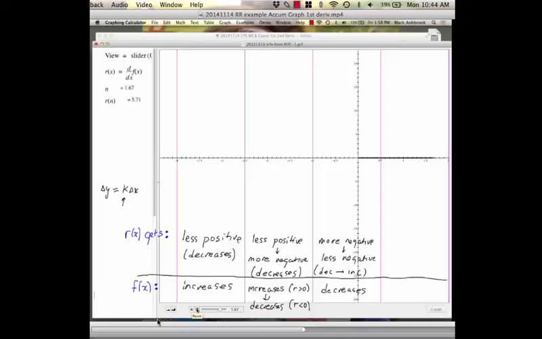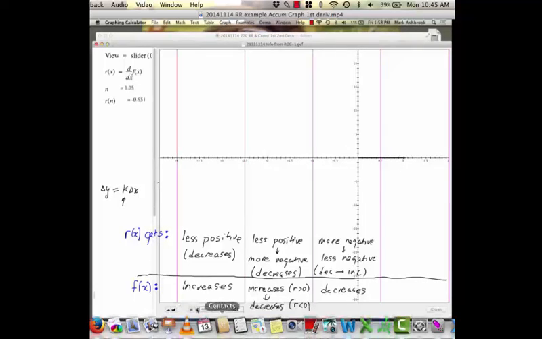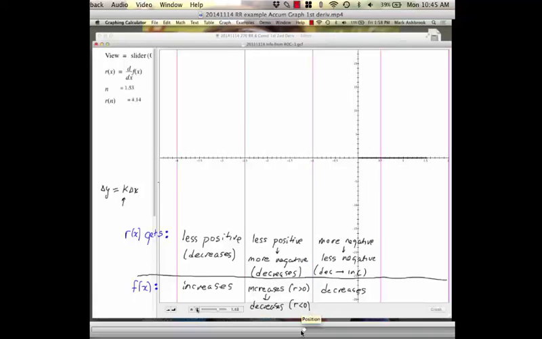Okay, here's the last interval. That's the negative.